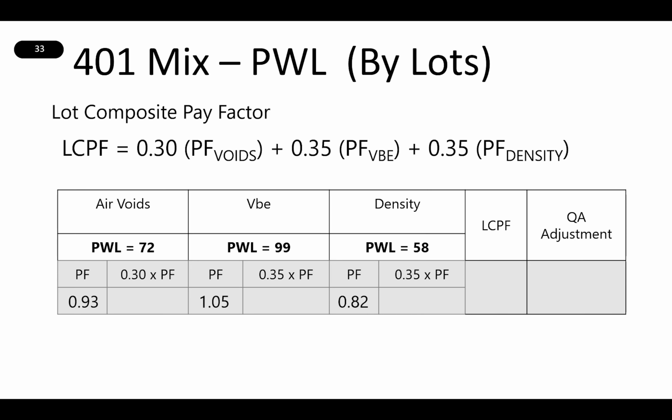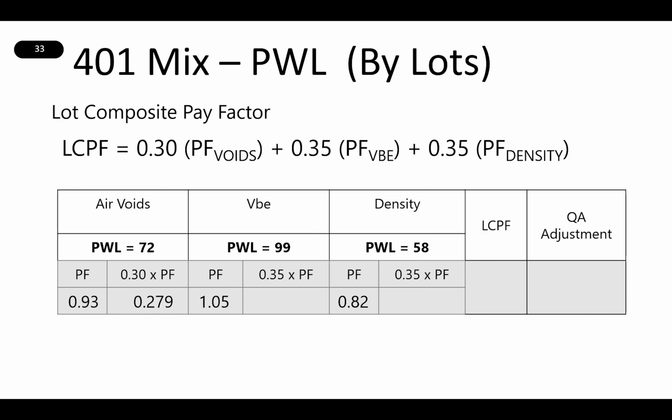Now, just like a sublot composite pay factor, a lot composite pay factor is made up of 30% of the air void pay factor, 35% of the VBE pay factor, and 35% of the density pay factor.